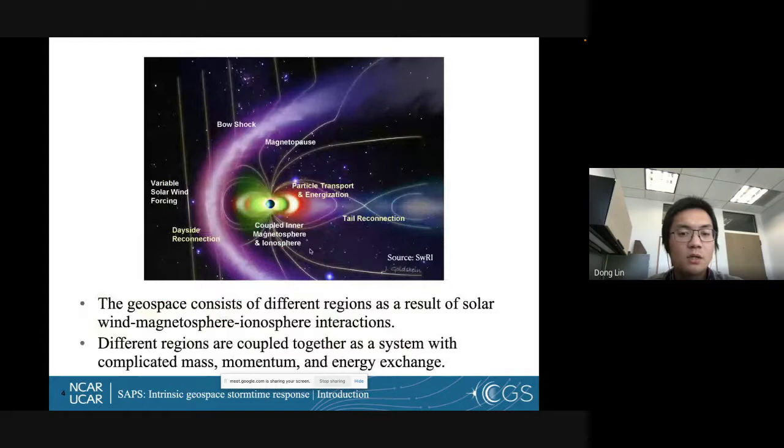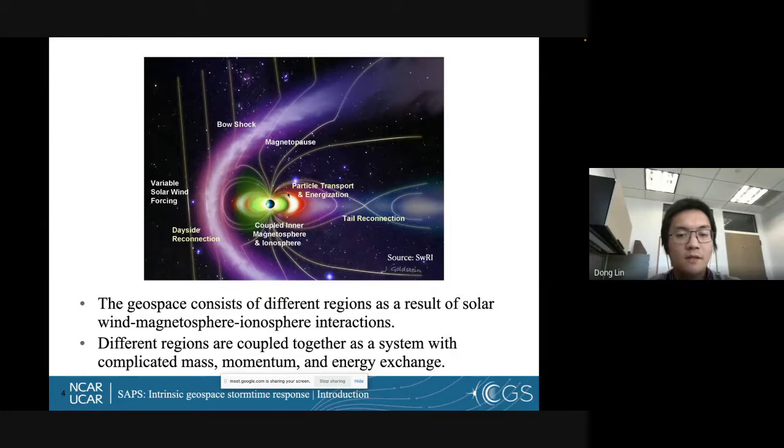As we take a closer look at the geospace, it actually consists of many different regions as a result of the interactions between the solar wind and the geomagnetic field. For example, the magnetopause is actually the boundary of the geomagnetic field. And also, as we get closer to the Earth, there are energetic charged particles that make up the so-called ring current and the radiation belt.